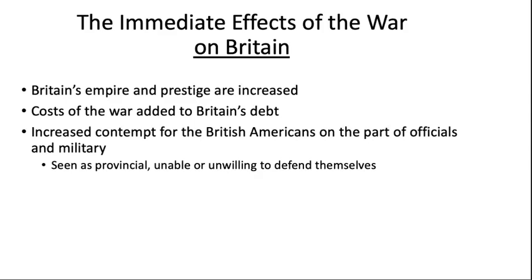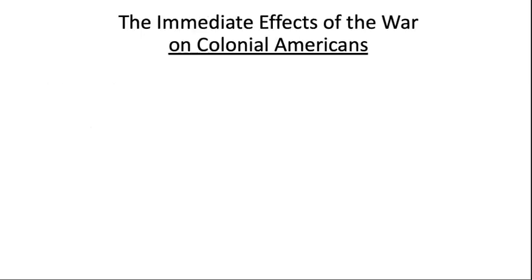The colonists just aren't good at this. So they see the colonists as kind of backwater hillbillies. Obviously, this is going to be relevant, right? So this kind of antagonism between the British military and the British colonial military is going to be relevant later.